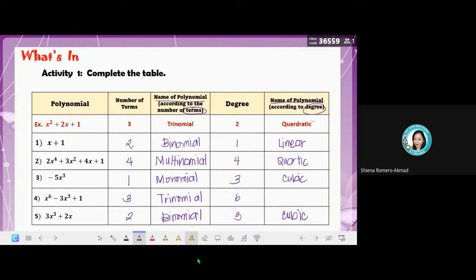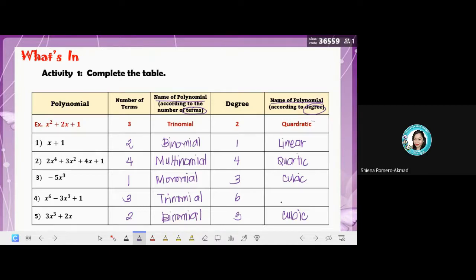O, pwede nyo naman i-search si Google. Anong tawag natin sa polynomial na merong 6 degree? I'm sure si Google may sagot sa inyo. Sige, Althea.